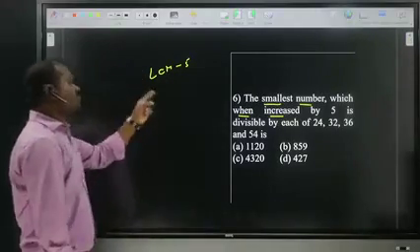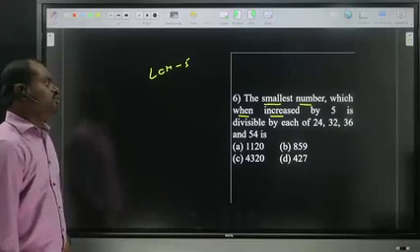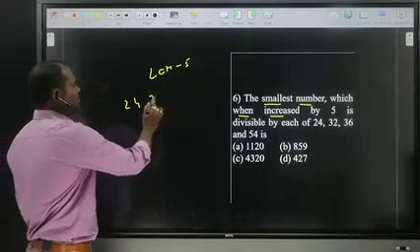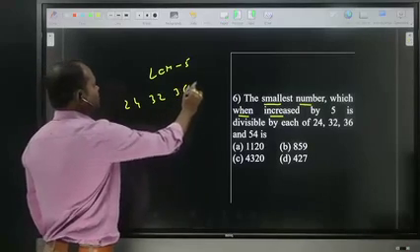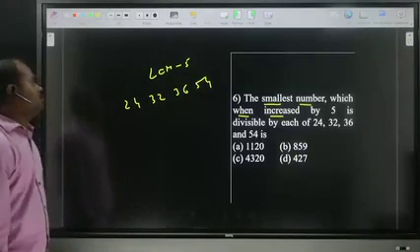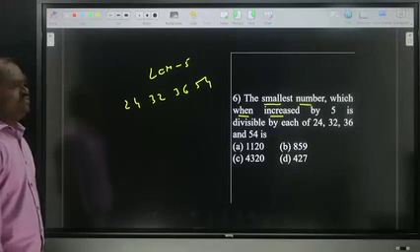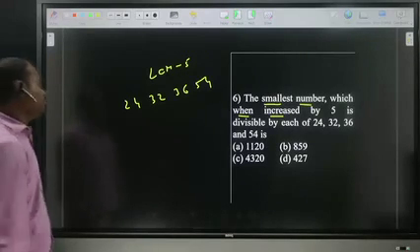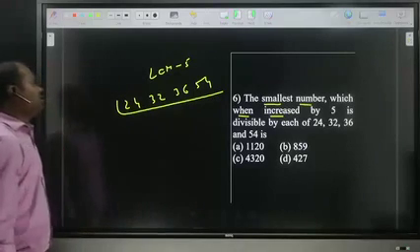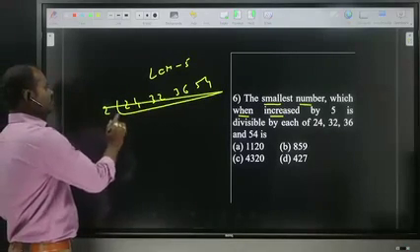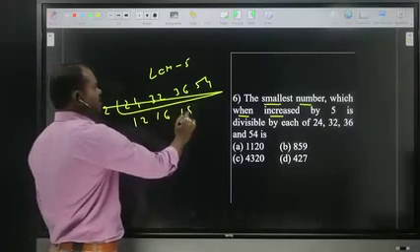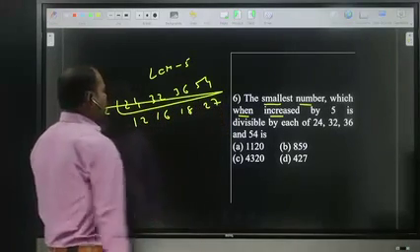So LCM of 24, 32, 36, 54. Can we eliminate any number? 24 we can't, 32 we can't, no. So go through the normal way. Which table can we take? 2 table: 2 12s, 2 16s, 2 18s, 2 27s.